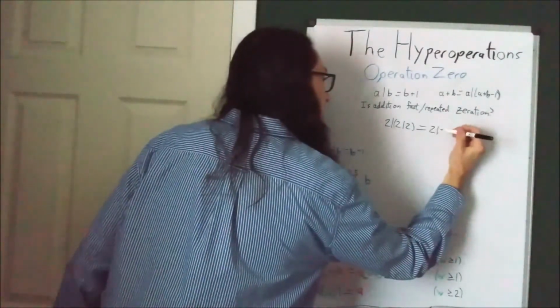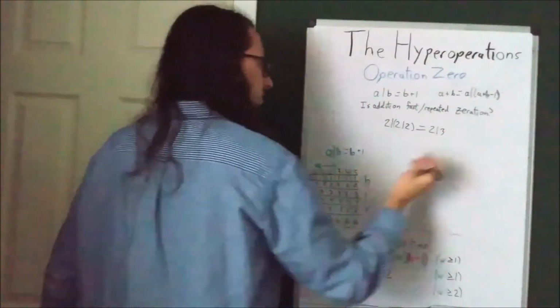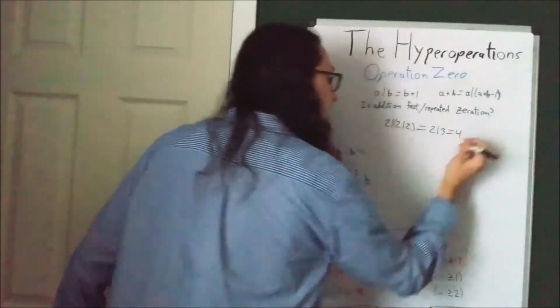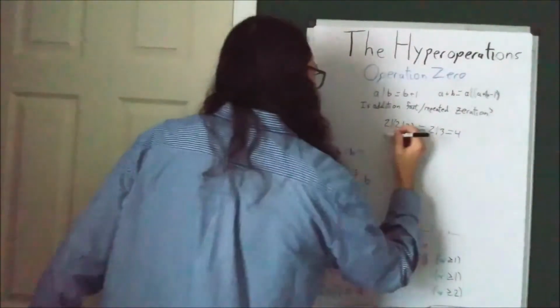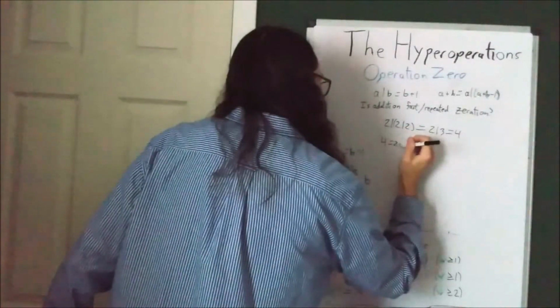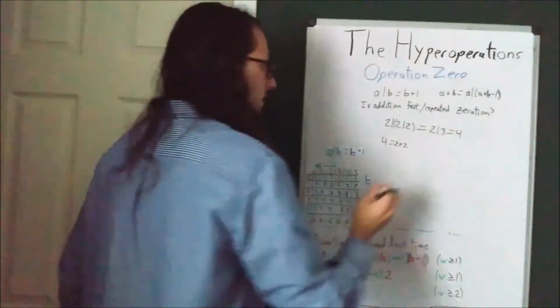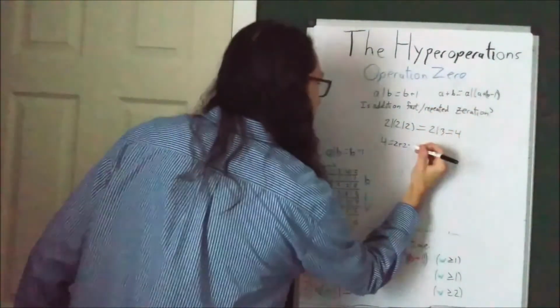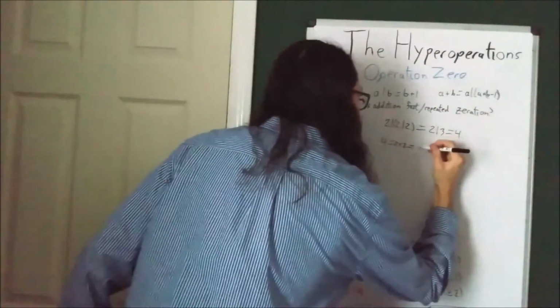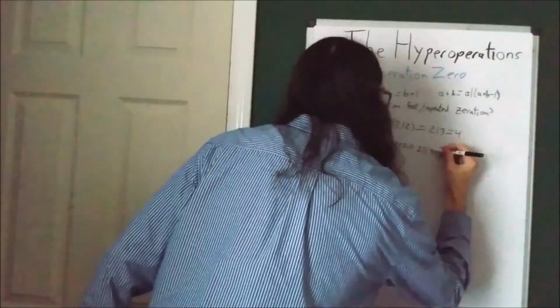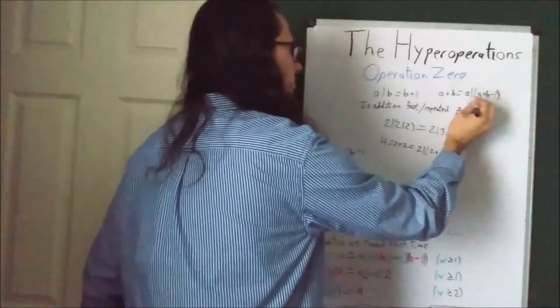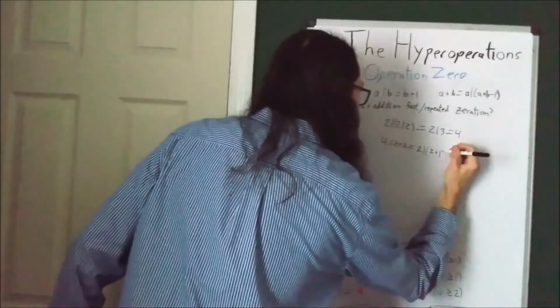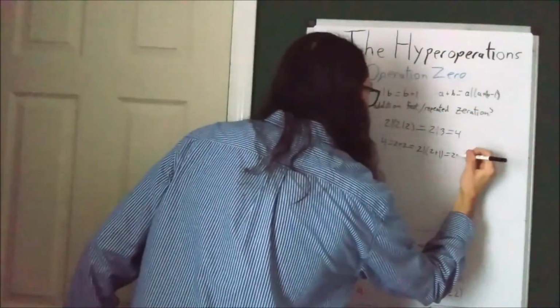This is 2 bar 3, and 3 plus 1 is 4. Now 4, as we all know, is 2 plus 2. But from this equation, we can write 2 plus 2 as 2 bar 2 plus b is 2, so it's 1, or 2 bar 3.